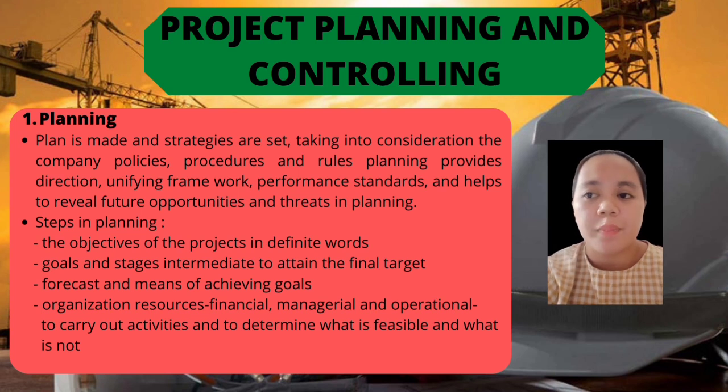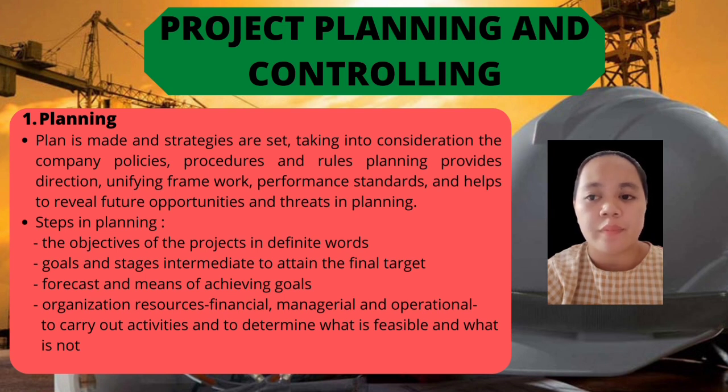Next slide is project planning and controlling. First is planning. A plan is made and strategies are set, taking into consideration the company policies, procedures and rules. Planning provides direction, a unifying framework, performance standards, and helps to review future opportunities and threats.